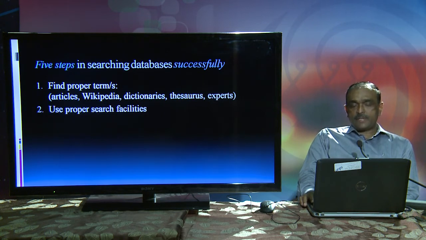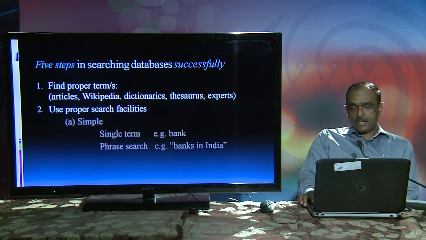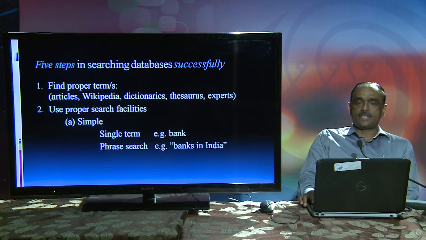Once you find the appropriate term to find the literature, the next step is using a proper search facility. Now, as mentioned earlier, simple and advanced are the two basic search facilities made available by the databases.